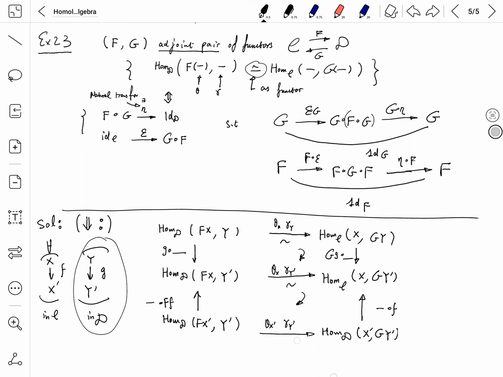We got this commutative diagram. More or less this is all it is. Let's use this diagram to say that we could get those data.